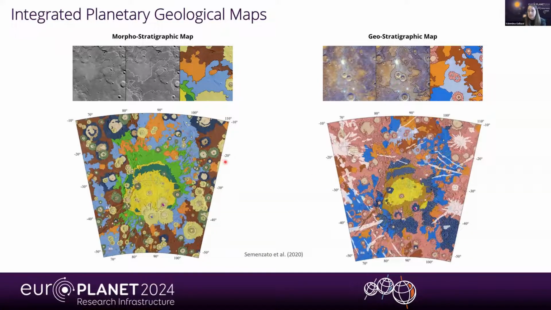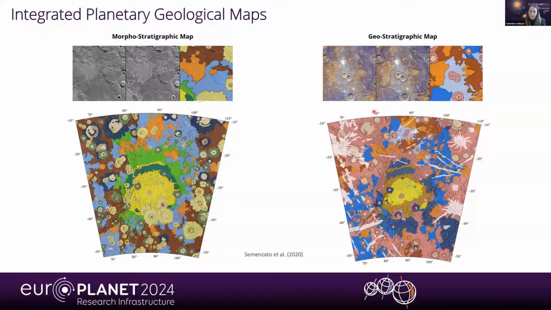I mean, in some cases, it might be useful to map the same area twice with two different methods, to compare a geomorphologic unit map via photo interpretation of monochrome images to a geostratigraphic map showing the interpretation of colors.